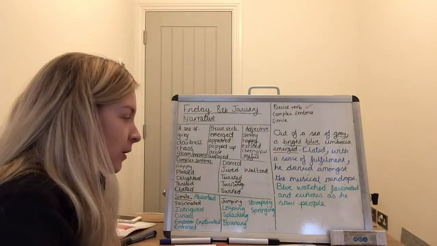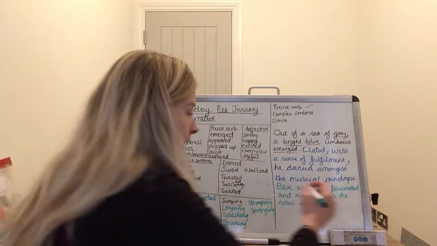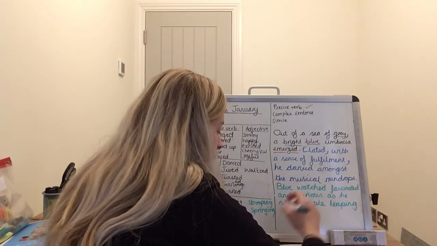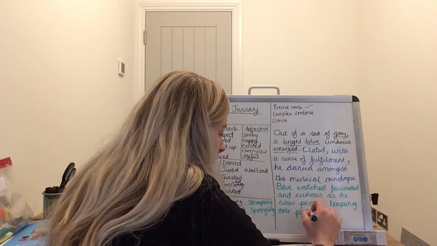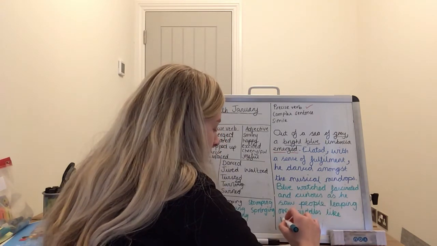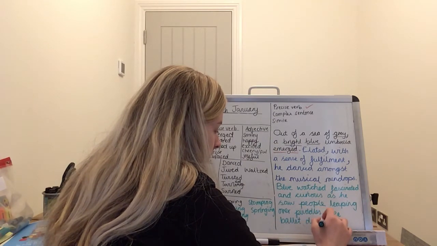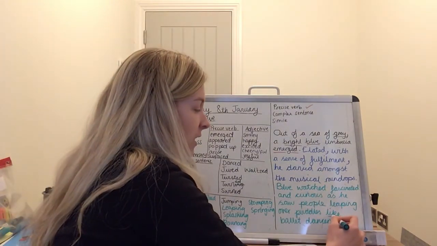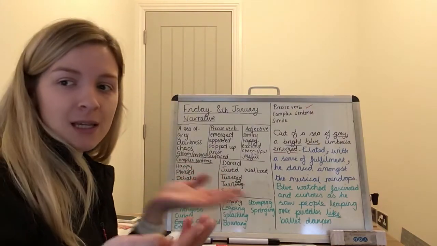Compare it to something. So I'm going to choose as he saw people leaping over puddles like ballet dancers. Okay, remember you must include that word like to compare the people to something else, because that's what makes it a simile.